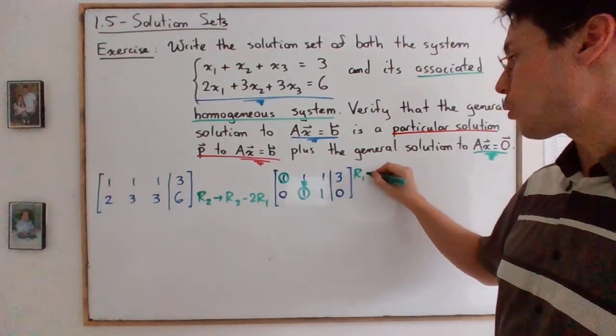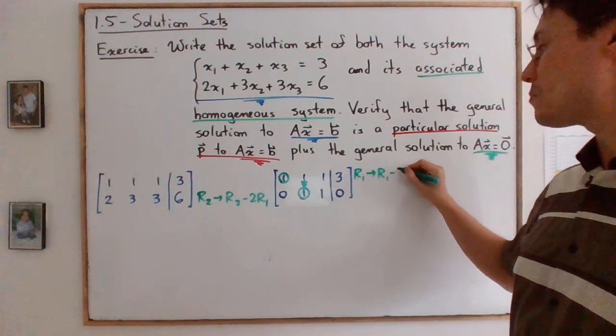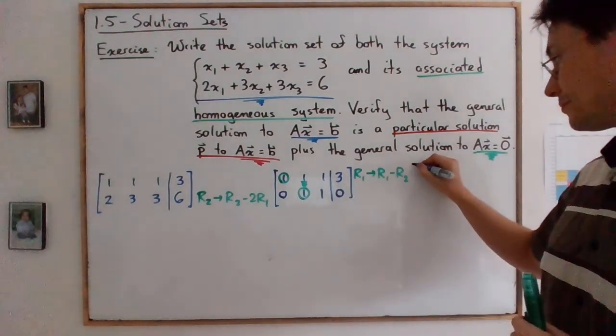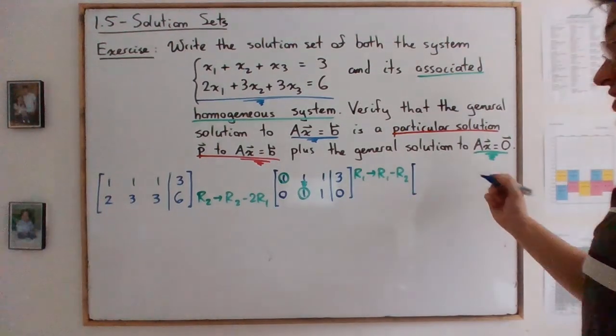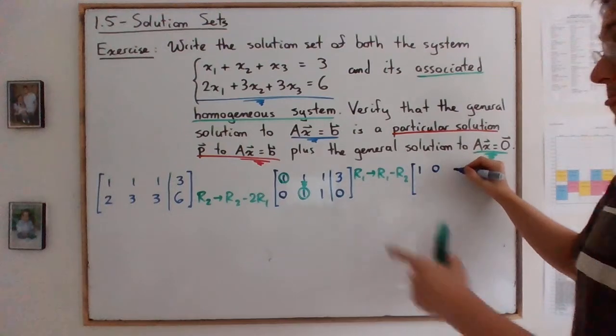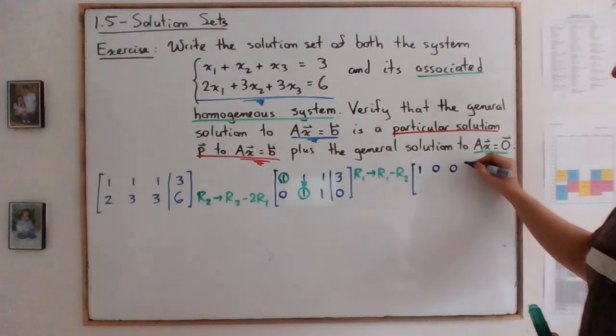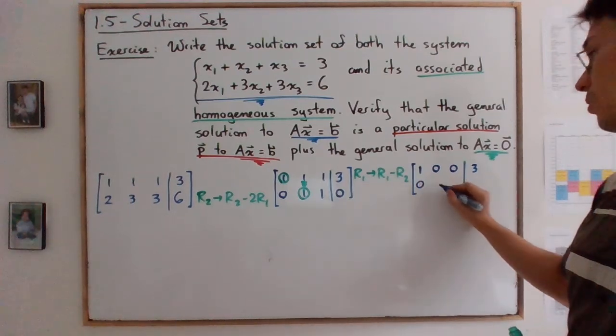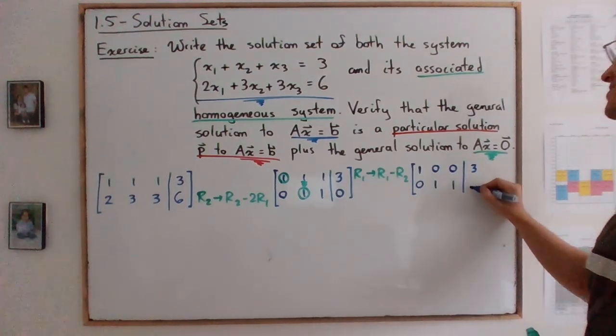So we're doing row 1 becomes row 1 minus row 2. And what we achieve here is 1, 0, 0 with 3. And then we have 0, 1, 1, 0.